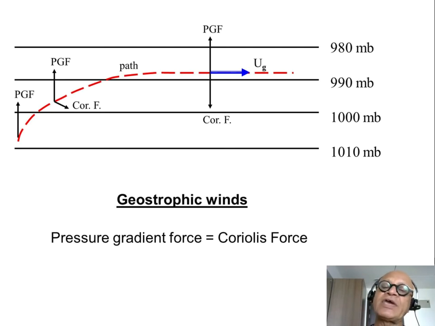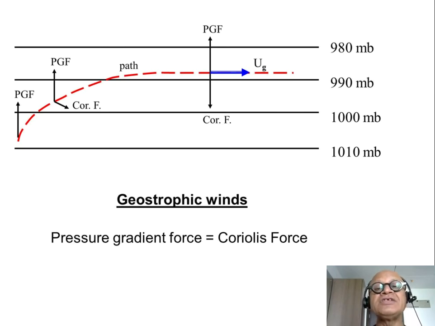Eventually, you can have a situation where the pressure gradient force, which is obviously from high pressure to low pressure, shown here as PGF, is in the opposite direction to Coriolis, which is pushing the air parcel to the right of the direction in which it is moving.